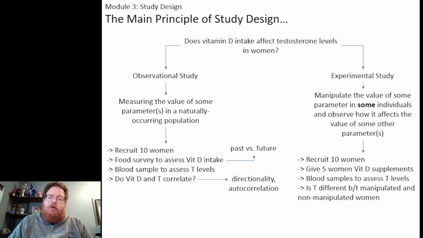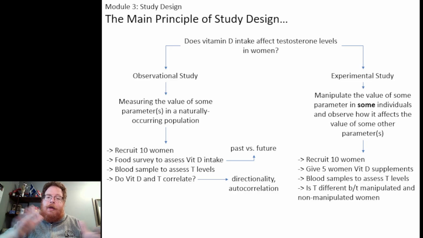Also, we have the potential for autocorrelation, which means that perhaps vitamin D and testosterone are showing a positive correlation in my study, not because there's actually any relationship between them, but because there's a potential third variable that's elevating both vitamin D and testosterone. And so that third variable, I'm not seeing it in my observational study, but it's there, and it's causing high testosterone levels and high vitamin D levels.